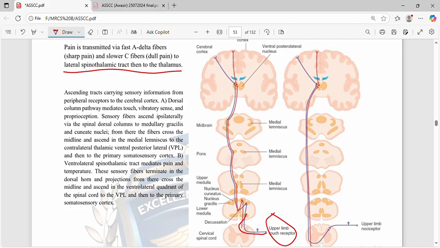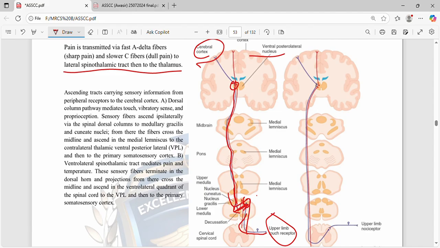This comes here in the lateral spinothalamic tract with first order neurons, and then with the second order they cross. And here we have the interneurons as well. Then they cross and go up on the opposite side into the thalamus and then to the cerebral cortex. So this is the lateral spinothalamic tract, an ascending tract carrying sensory information from peripheral receptors to the cerebral cortex.